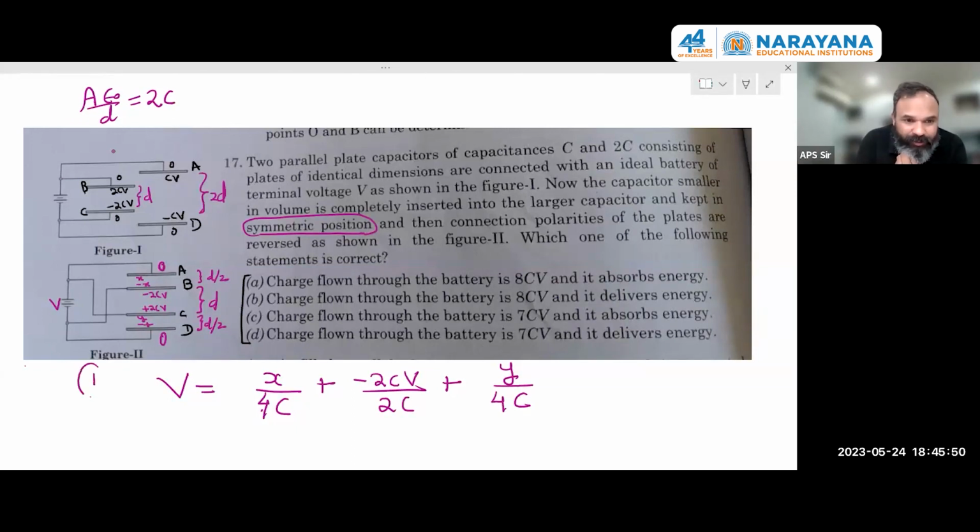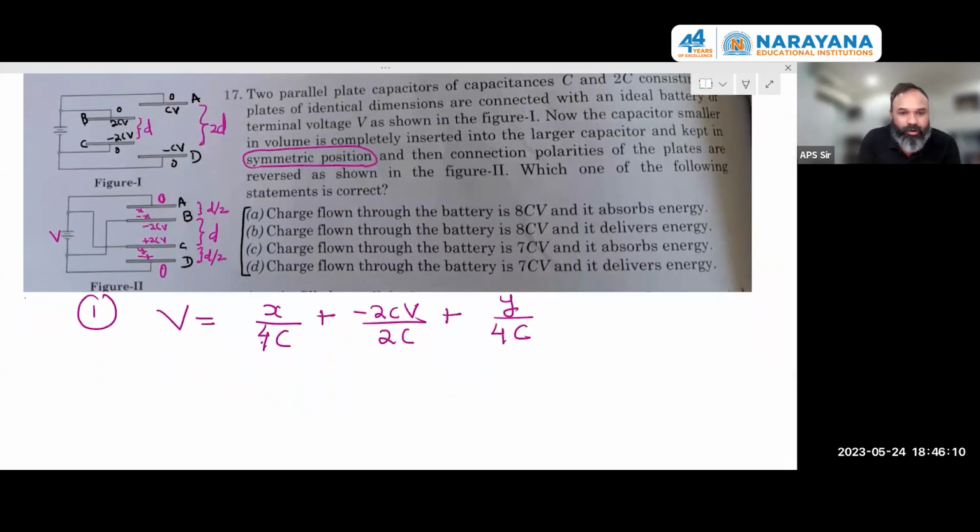It is nice because you want everything in terms of C and V. I've just written the potential drop from top to bottom and equated it with V. The top plate is still connected with the positive end and the negative with the bottom one. For the inner ones, I've already taken the charges appropriately. So I got one equation in terms of X, Y, and all the parameters.